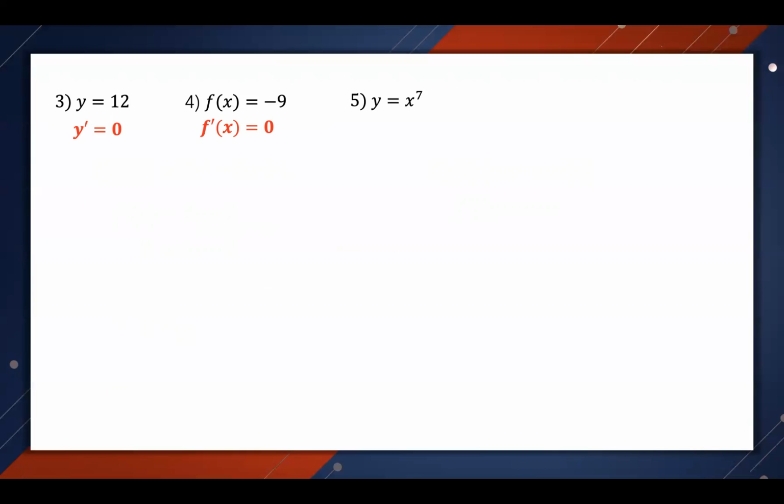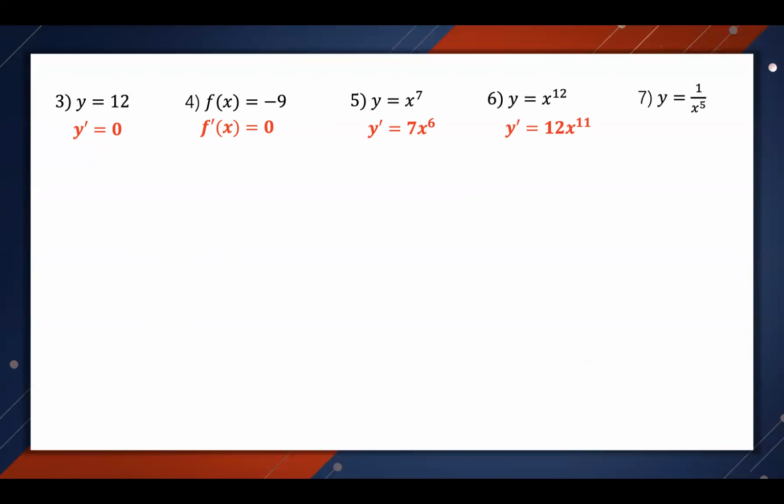For this one, we use the power rule and put the 7 as a constant before the variable x, and the power will be 7 minus 1 equal to 6. So y prime equals 7 times x to the power of 6. For this one, we use the same mechanism, and y prime equals 12 times x to the power of 11.